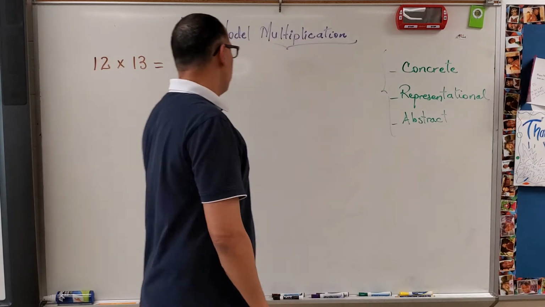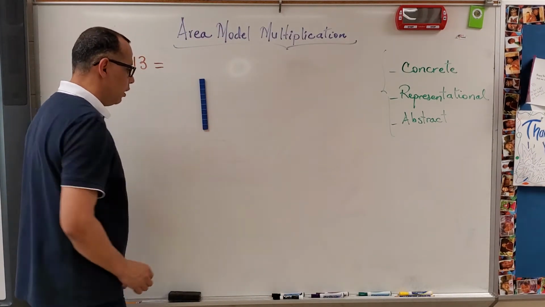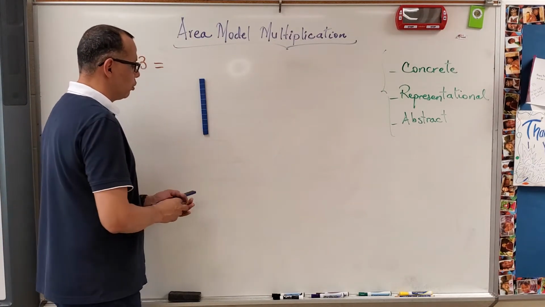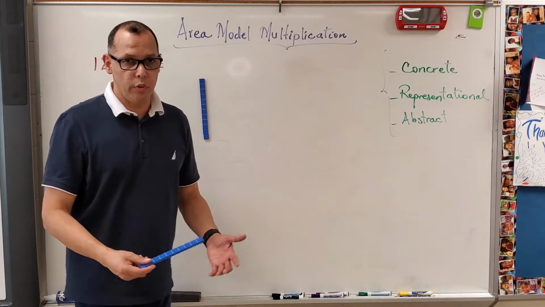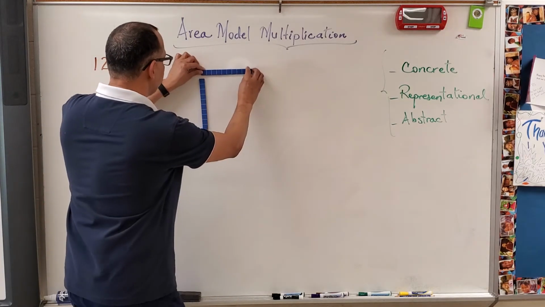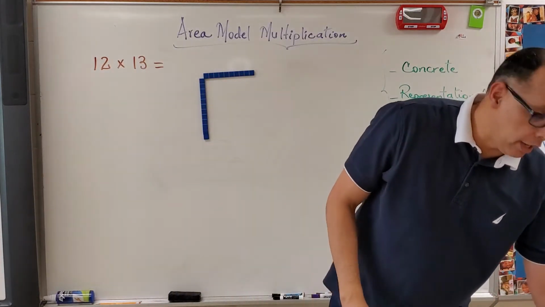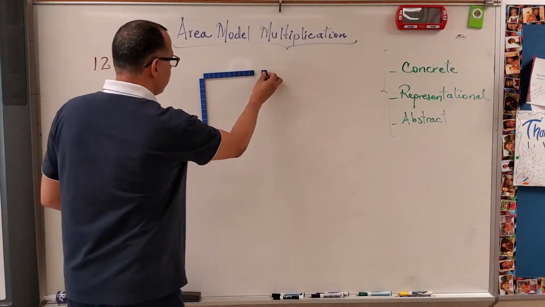To multiply 12 times 13, I will go with my 10 and then 2, because 10 and 2 equals 12. And now I have my first factor, 12. The second one will be 13. For 13, I have 10 and 3.